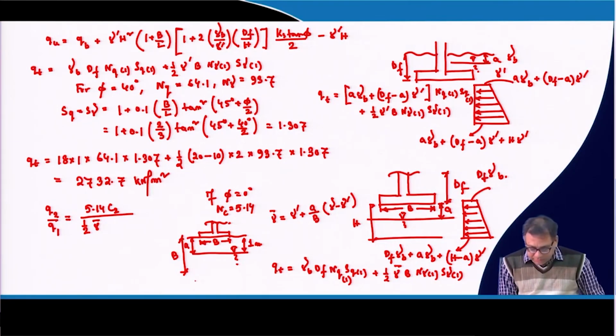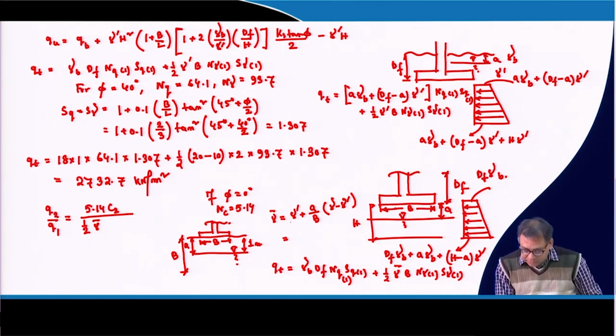So, now we have to calculate the gamma bar value, gamma dash value, and gamma dash value is given like this. So, now if I put the gamma dash or gamma bar can be calculated like this, where A is equal to simple 1 meter and B is equal to 2 meter.